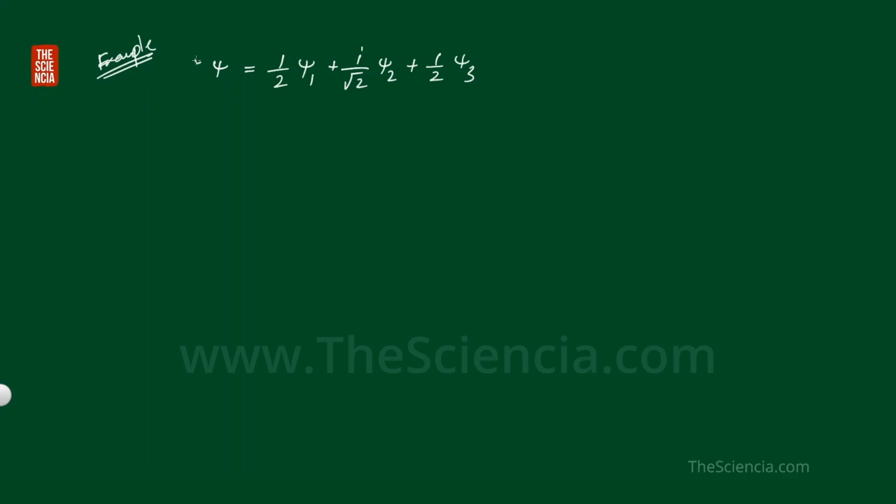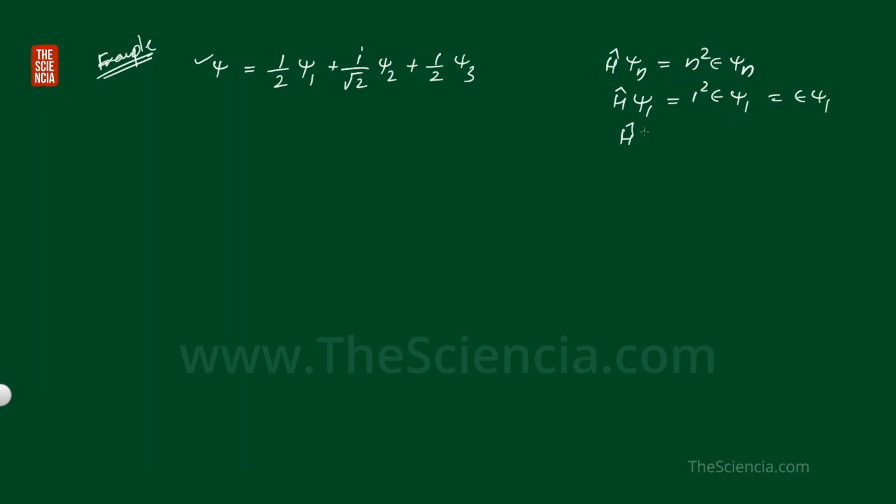So this is the state of a dynamical system, and if the Hamiltonian operator H operates on a state psi n, it will give n square E psi n. That means if H operates on psi 1, it will give n value 1, that is 1 square E psi 1. Okay, that is E psi 1.